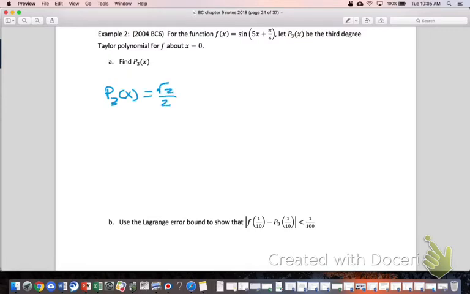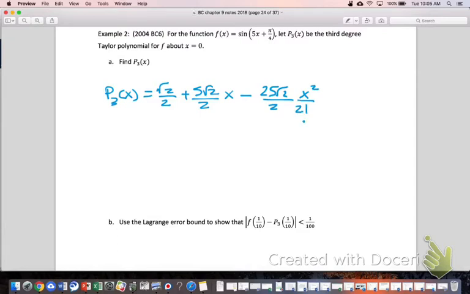And then the next one was probably plus 5 root 2 over 2 x, right? And then the next one was probably minus 25 root 2 over 2. Let's go back. 5 times 5 is 25. 25 root 2 over 2, x squared over 2 factorial.